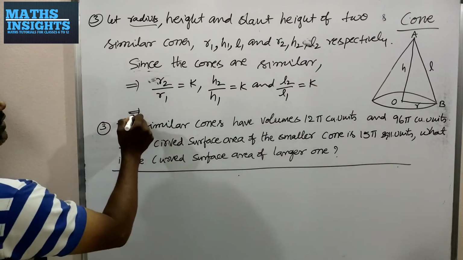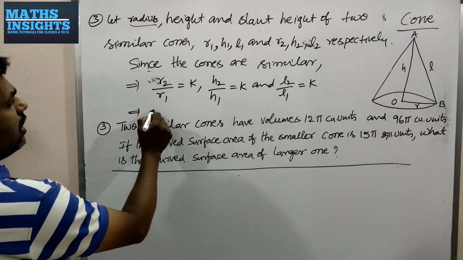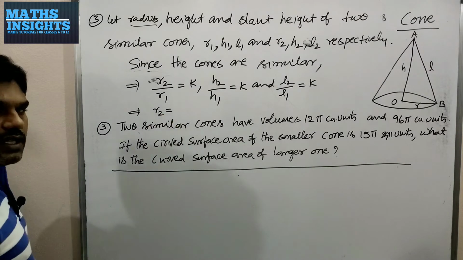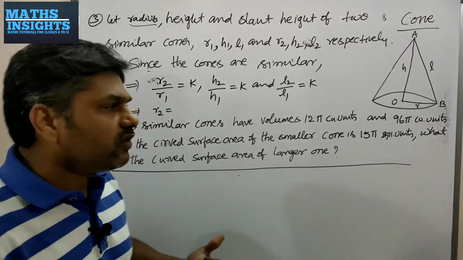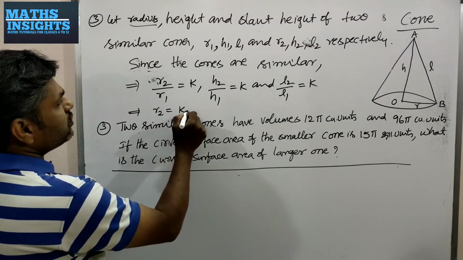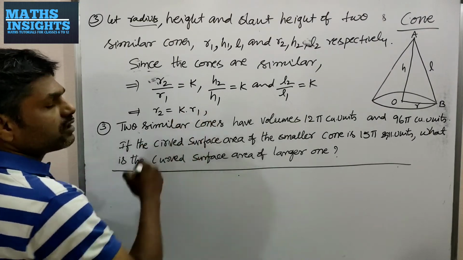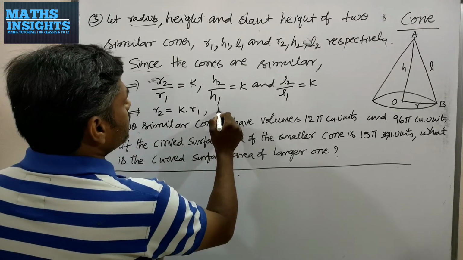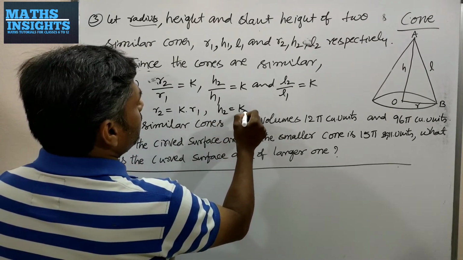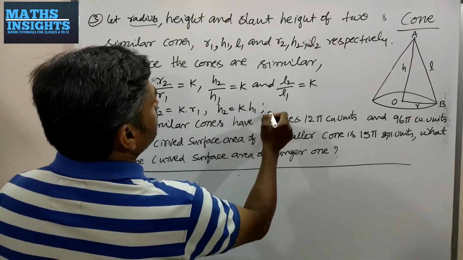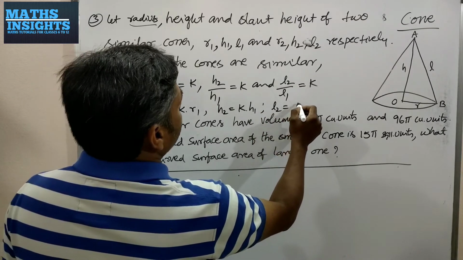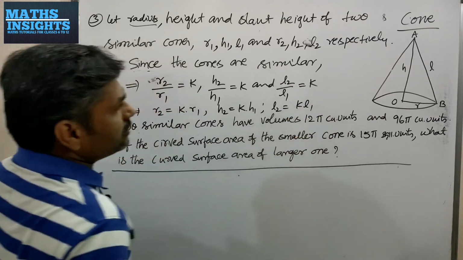If you do cross multiplication, r2, that means the radius of the bigger cone, will become k times the radius of the smaller cone, and also h2 is equal to k into h1. Similarly, l2 is equal to k into l1.